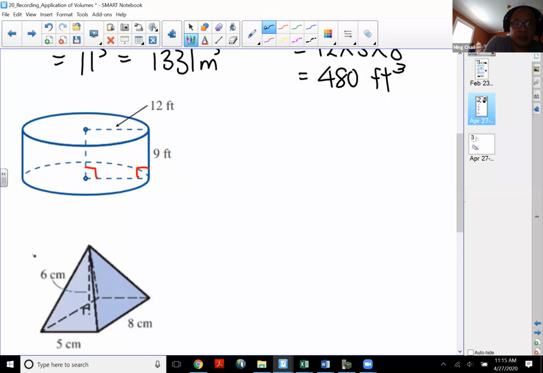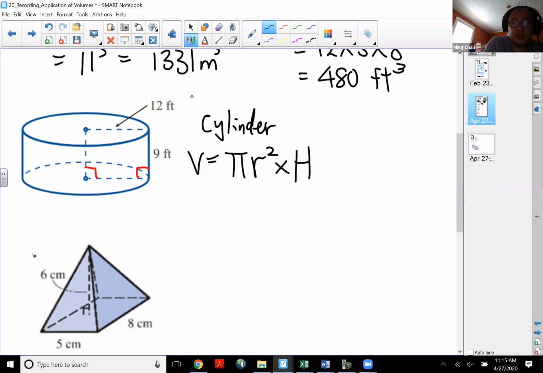All right, for a cylinder, the volume will be the area of my circle base, which is pi r squared, then times the height. The 12 feet, based on the dashed line, is the radius, so I don't need to do anything special.